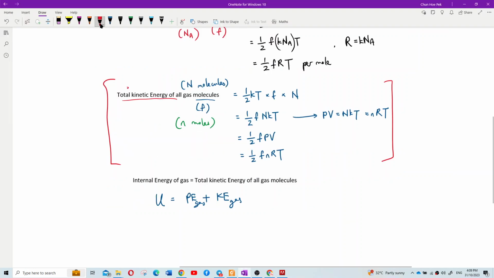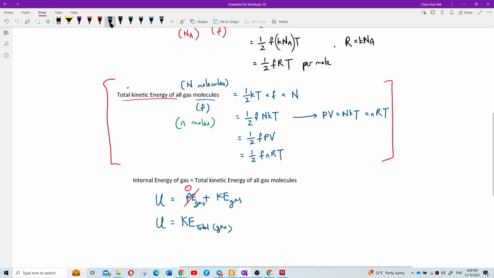So potential energy of gas is considered to be zero. So the internal energy of gas is just equal to the total kinetic energy of gas, which is this one.